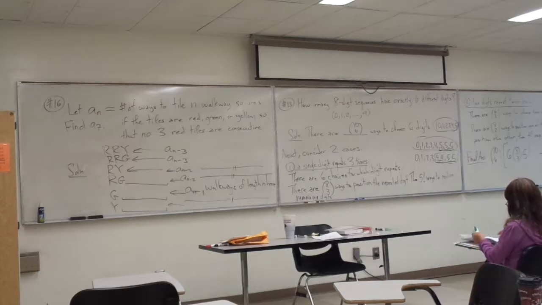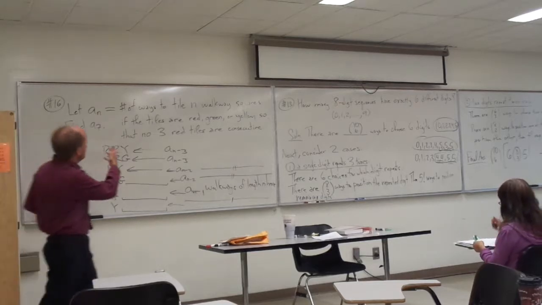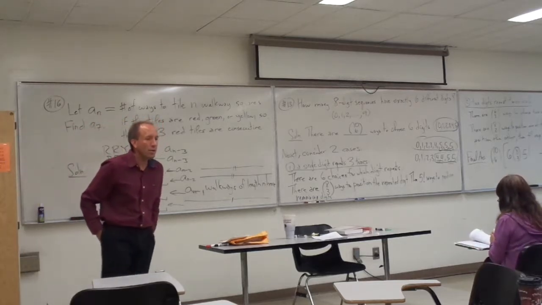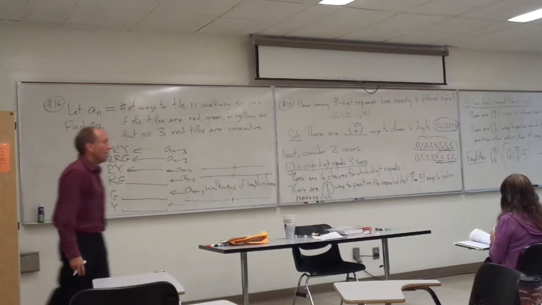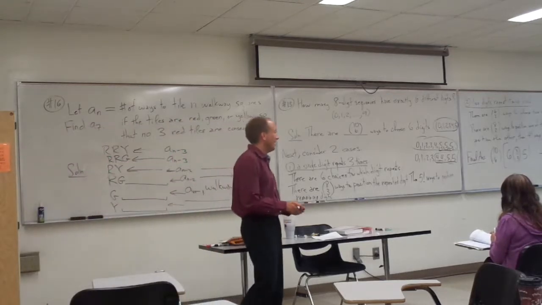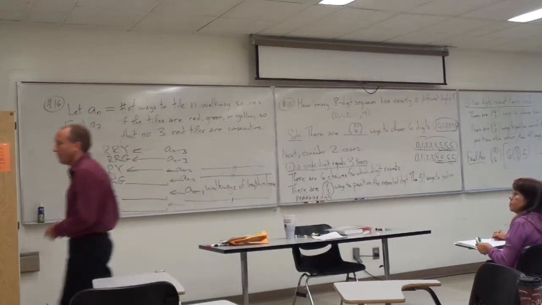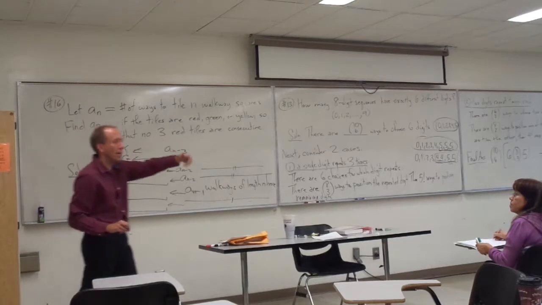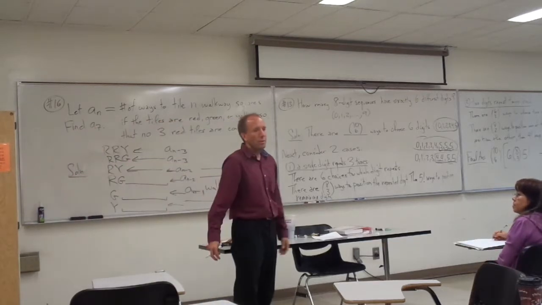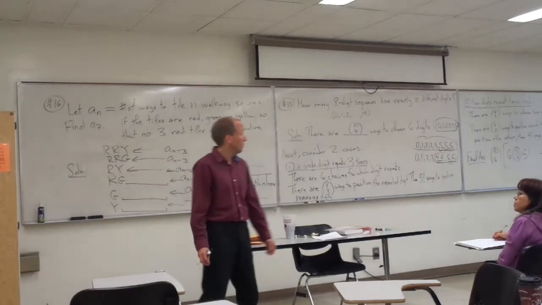So how many walkways of length 1 don't have 3 consecutive red tiles? There's only 3 colors, and any of them will work, right? How many walkways of length 2 don't have 3 consecutive reds? 3 choices for the first tile, 3 choices for the second tile, and I don't have anything to subtract because they're all good.